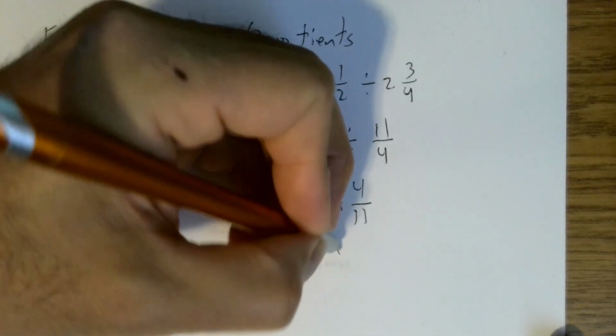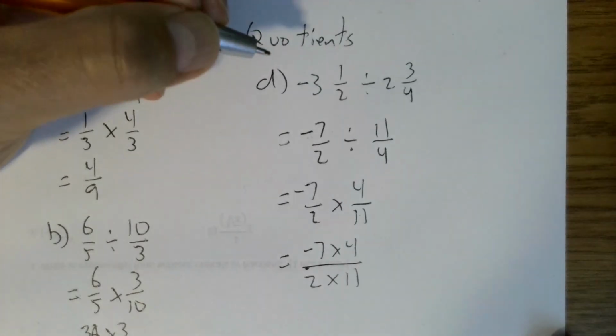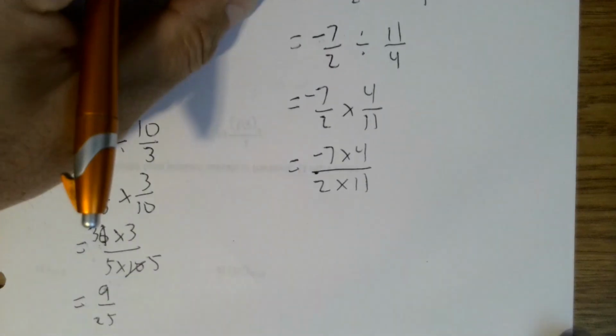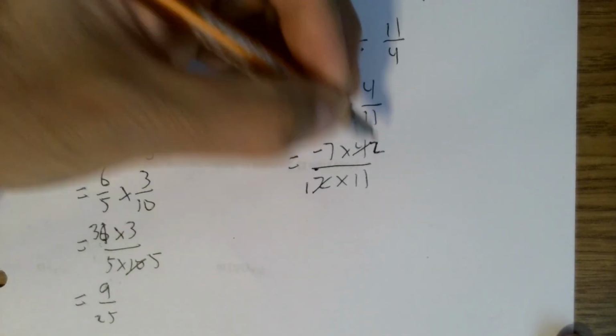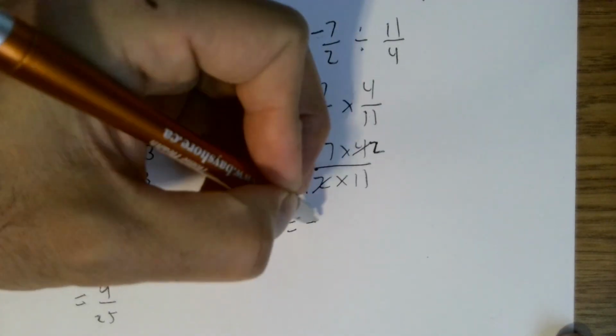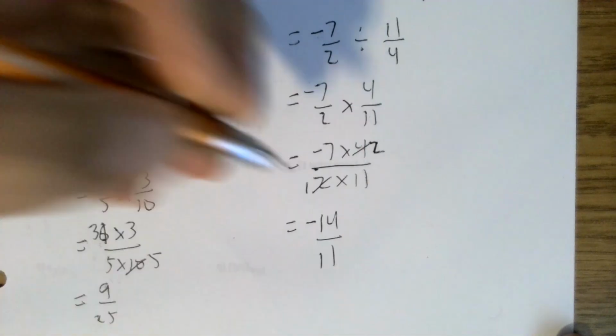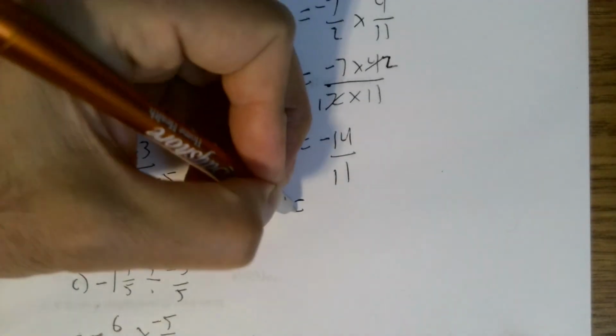Let's write this out like this first and see if we can reduce it all. The only thing I see is that 4 over 2 is the same as 2 over 1. But that still kept the numbers small for us. So that's going to be negative 14 over 11 then. And for practice, change that to a mixed number. That's going to be negative 1 and 3 over 11.